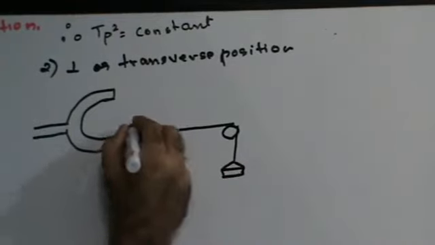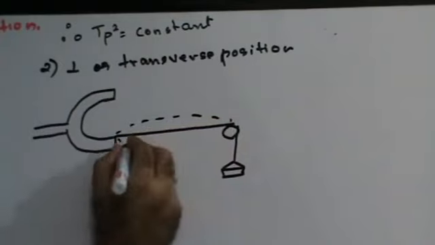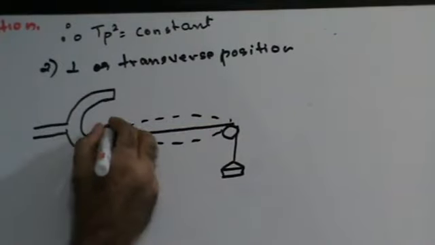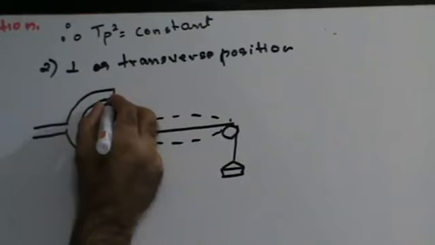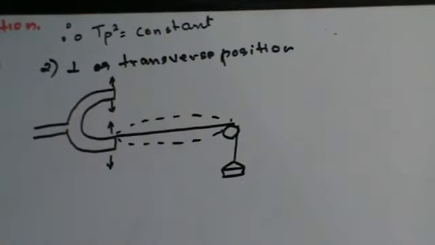Right? Here the string would move this way and this way, as the prongs would move inwards and outwards.